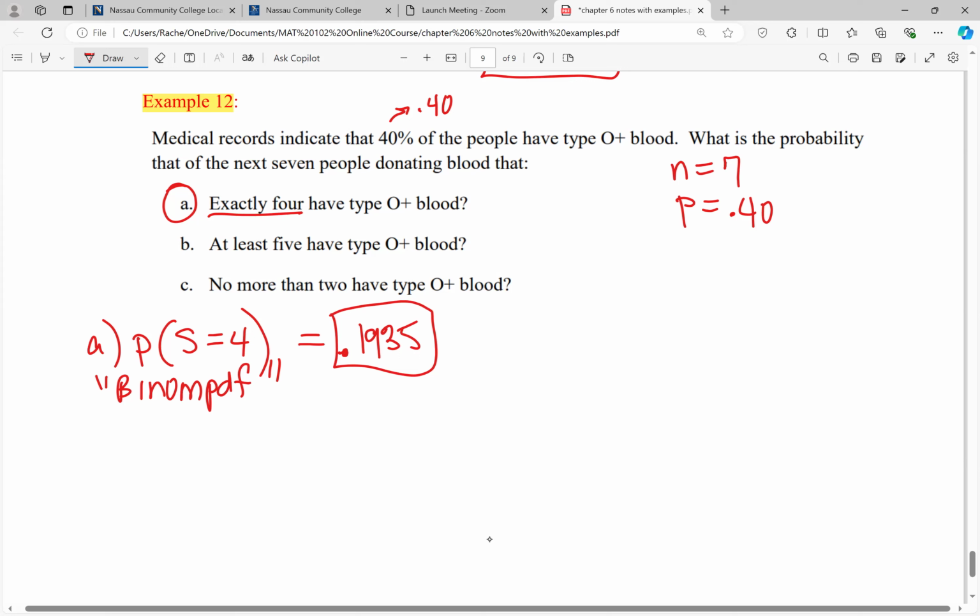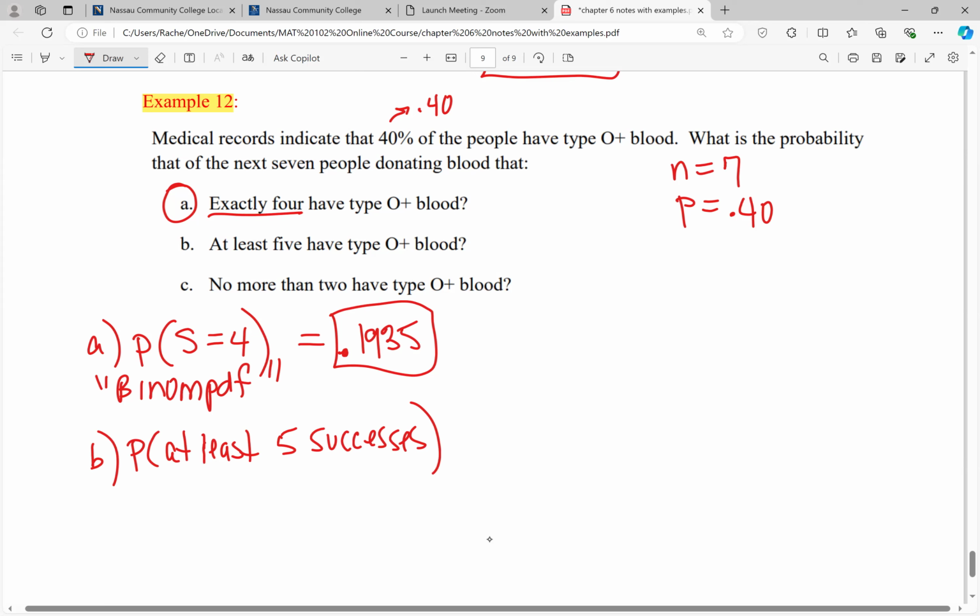So now let's look at part B. Part B says, what's the probability that at least 5 people have O positive blood? So the probability of at least 5 successes, right? Now, remember, we don't have a binomial function programmed into the calculator for at least, but we do for at most, right?